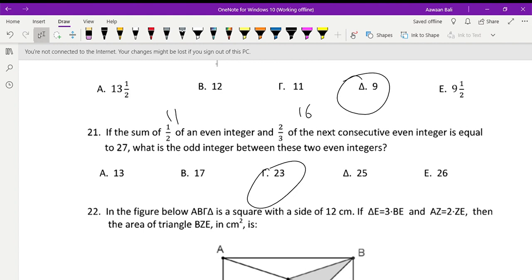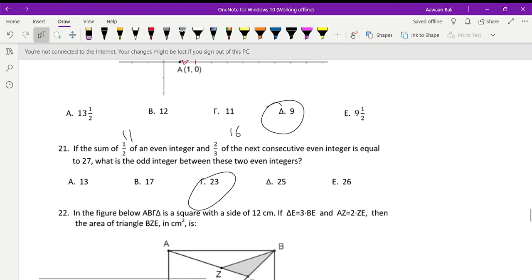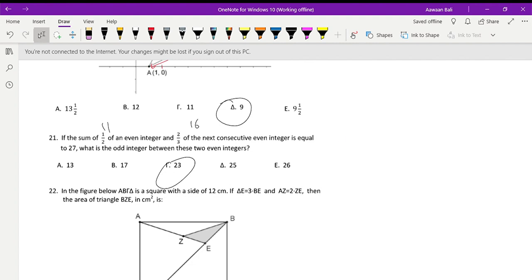Half of 22 is 11, and 2/3 of 24 is 16. So 11 plus 16 is 27, and between 22 and 24 is 23. So that's gamma.